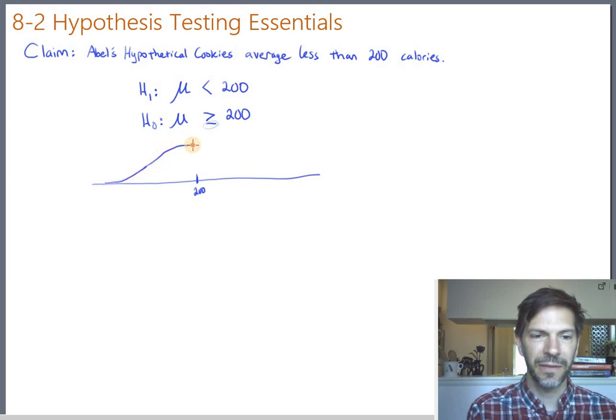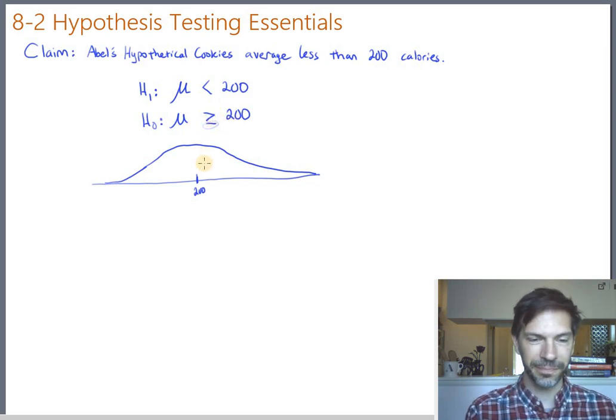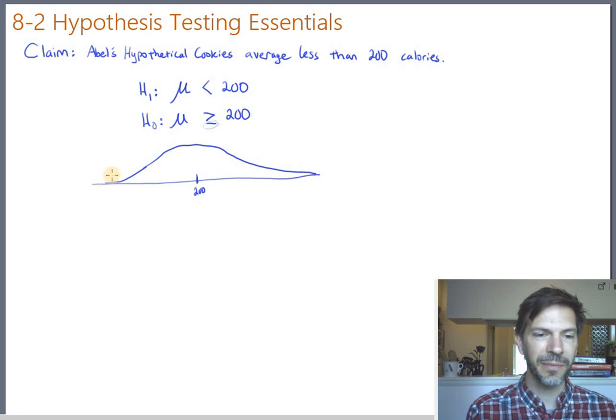So for the null hypothesis, this is one version of it, the mean is equal to 200. And it might be greater than 200 also. But we will reject that null only if we see something way down here that's substantially less than 200.